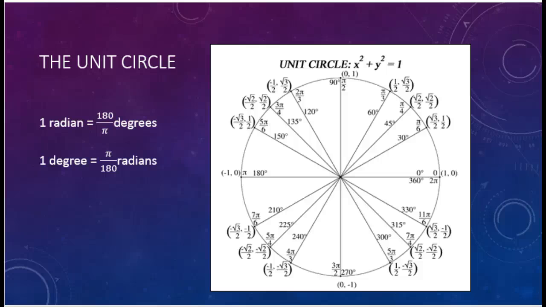Okay, so last time we were talking about the unit circle and relating the degrees and radians on the circle just by really reading them off. You can tell that pi radians is 180 degrees, so there's an easy formula there.